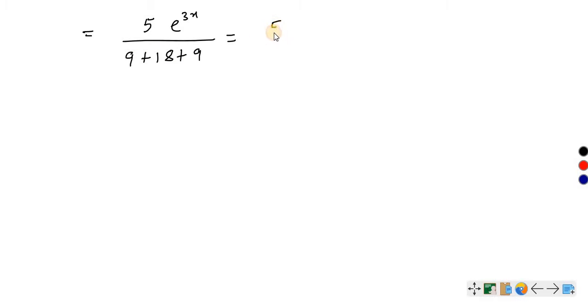So I can write 5 by 36 e to the power 3x. So this is how we have found the particular integral here.